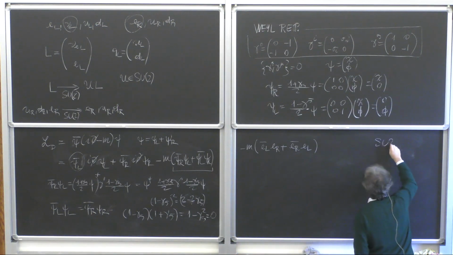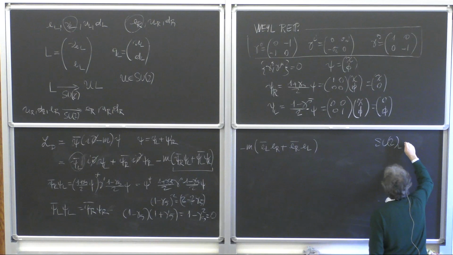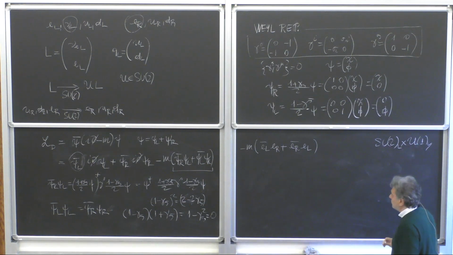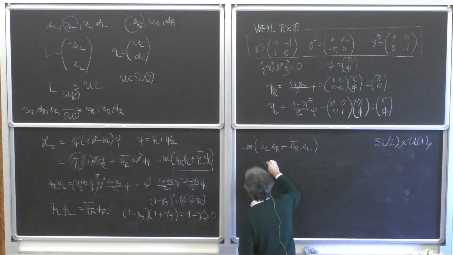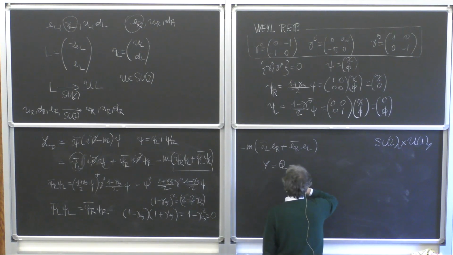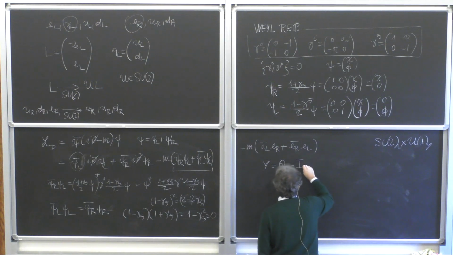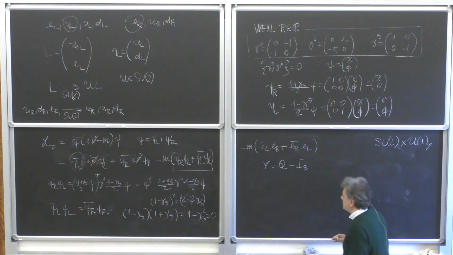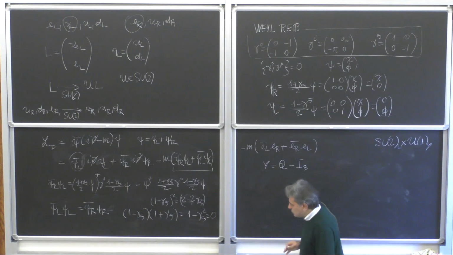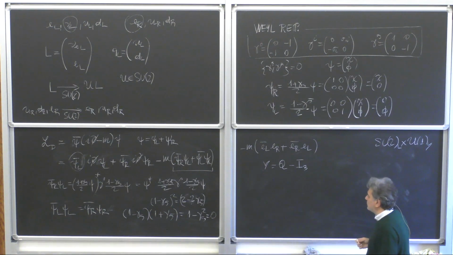We have SU(2) left cross U(1) hypercharge. The hypercharge is defined as the difference between the charge of a particle and the third component of the isospin. This is the Nakano-Nishijima-Gell-Mann relation.